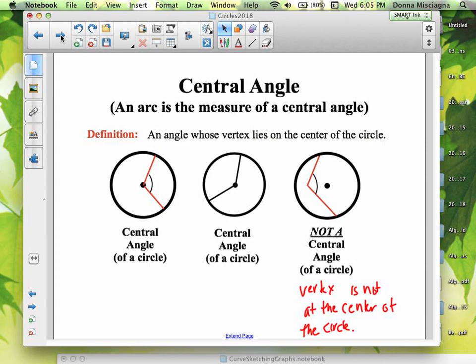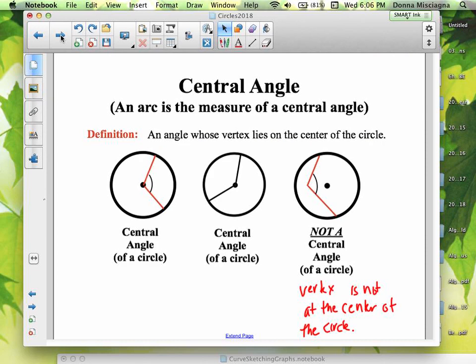So the definition of a central angle is an angle whose vertex lies on the center of the circle. The first one looks good. Vertex is on the center of the circle, right? And its sides are formed by radii. The second one looks good. Central angle. The vertex is at the center of the circle, and radii form the sides of the angle.